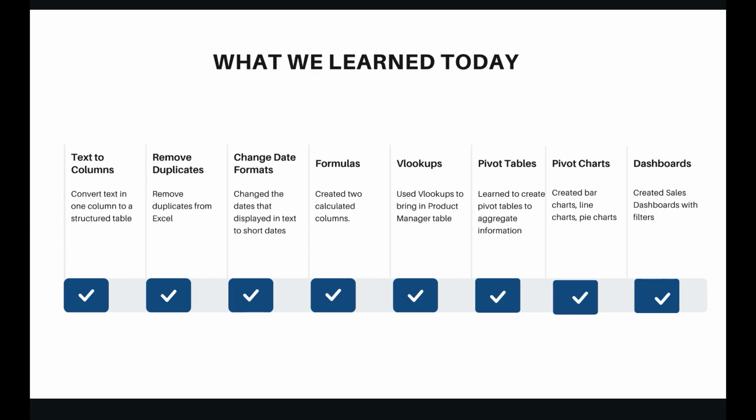We created a new column using an Excel formula to identify profit and loss. Then we created another formula-based column to extract the first 2 characters from the order ID. We used VLOOKUPs to populate the product manager information. We created pivot tables, and then finally we used pivot charts and created your entire sales dashboard.